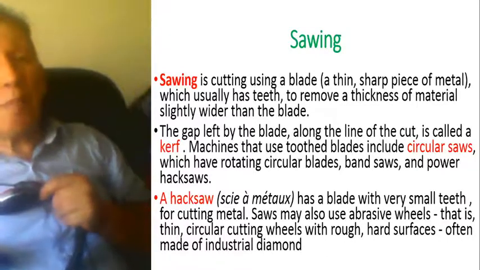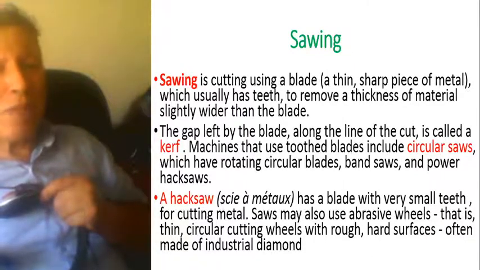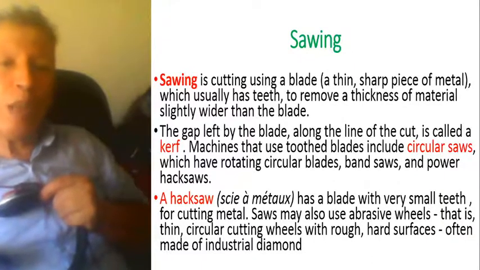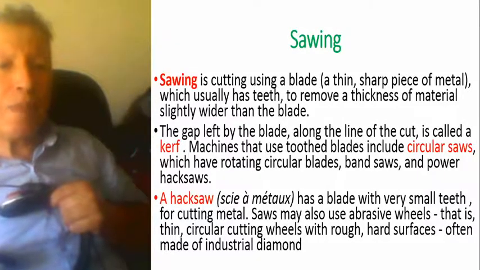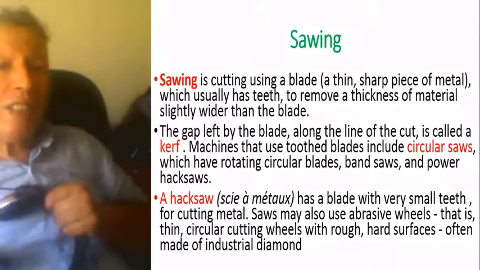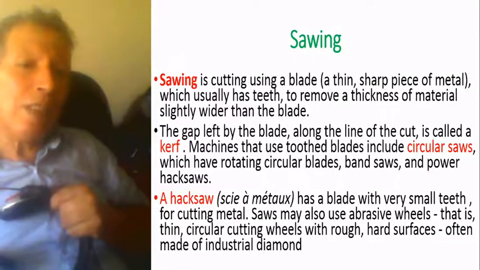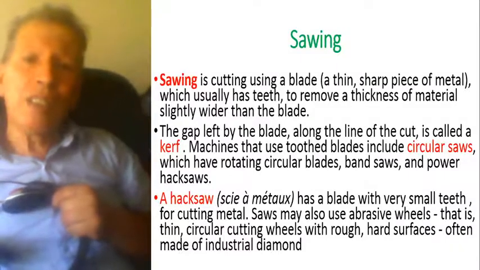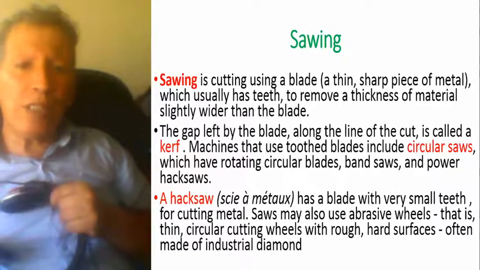Now the next machining device or system is sawing. This is a very old thing. Sawing used to be done by carpenters. Sawing, coupe à la scie, is cutting using a blade, a thin, sharp piece of metal, which usually has teeth, to remove a thickness of material slightly wider than the blade.